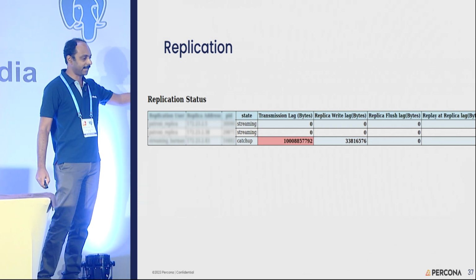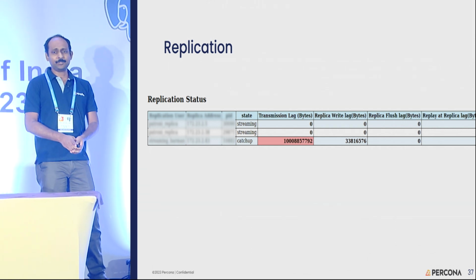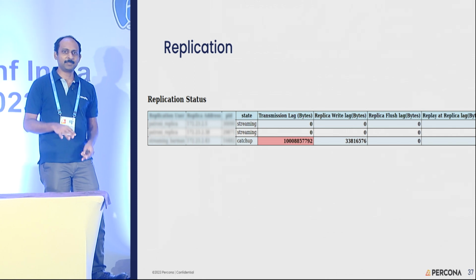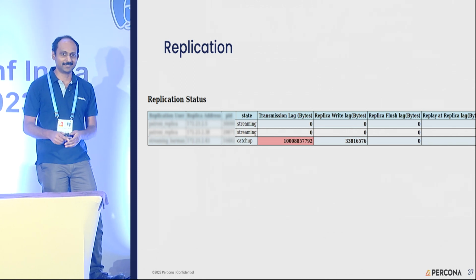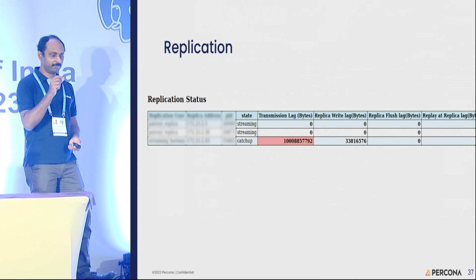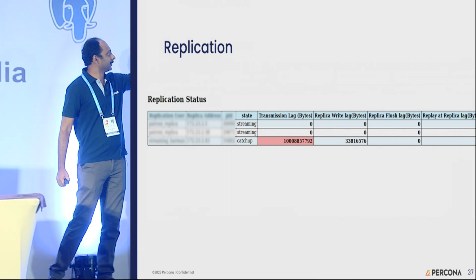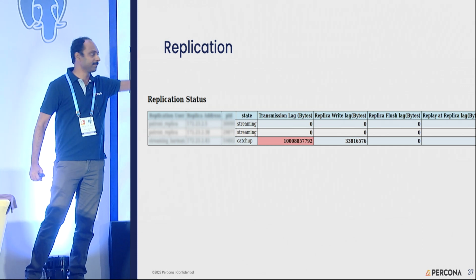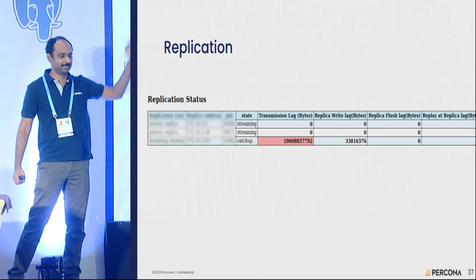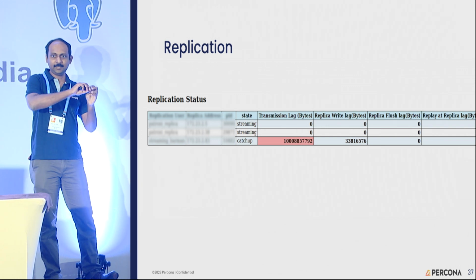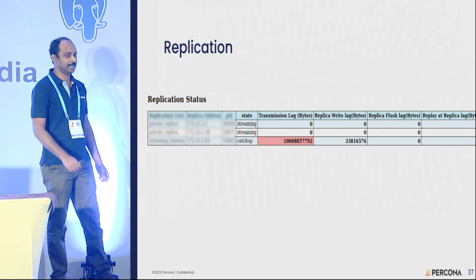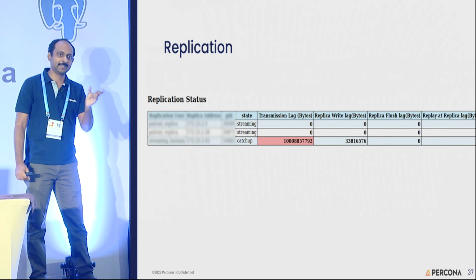And replication analysis. Generally we used to run some queries on pg_stat_replication and say okay, it is delayed, but are we really analyzing which stage it is getting delayed in? Is it in the initial transmission stage or on the replica's write side? The replication goes through multiple phases. In which stage is it getting delayed?